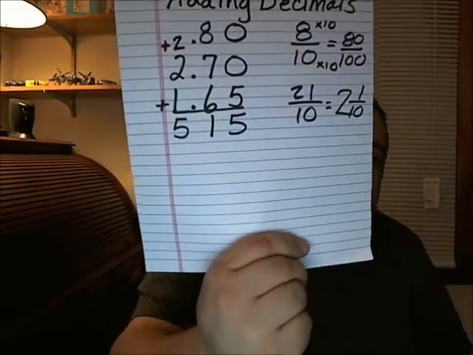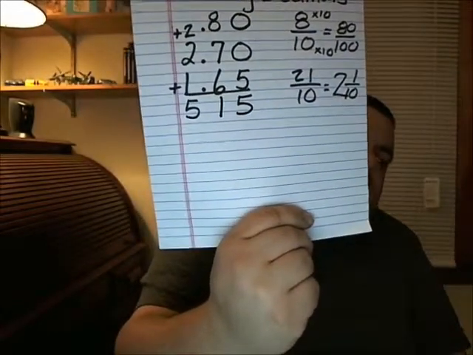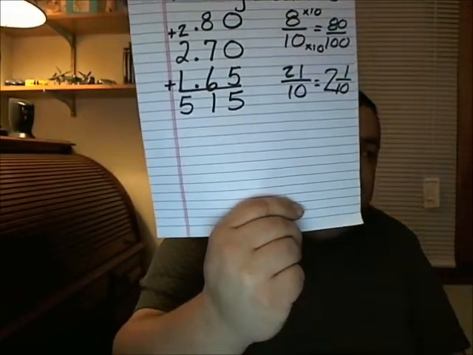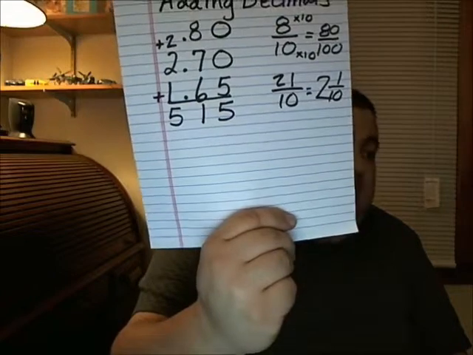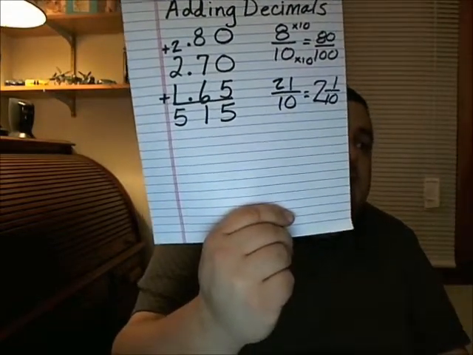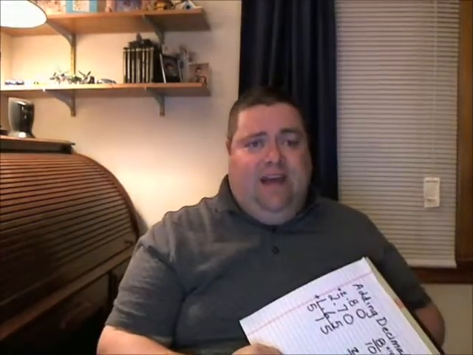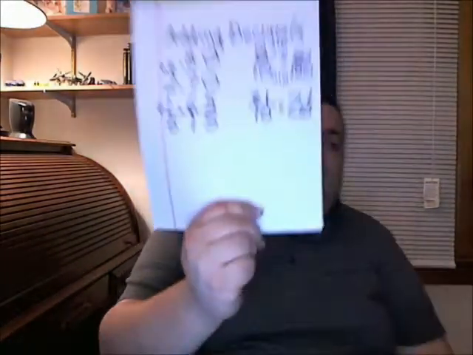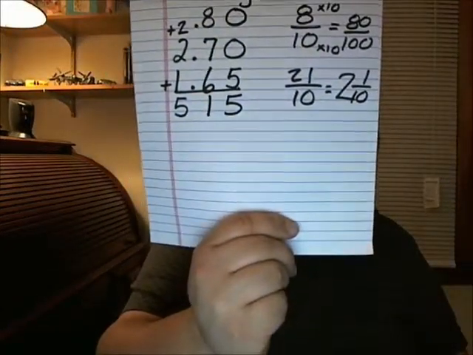If I'm not paying attention, though, look at what I get as an answer. Now, we as adults and kids understand this too. With money, if I'm adding 80 cents, $2.70, and $1.65, it's not $515. Well, what we didn't do is we didn't bring that decimal straight down. And that decimal needs to move straight down.